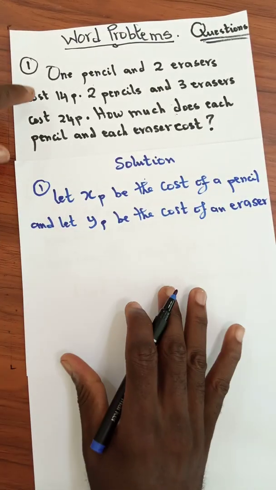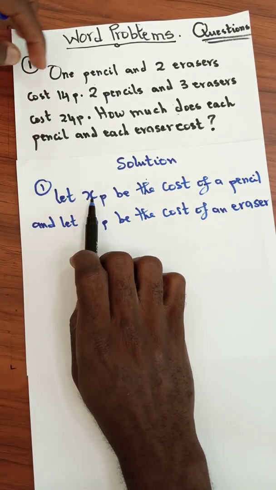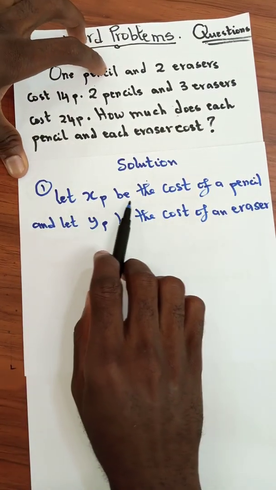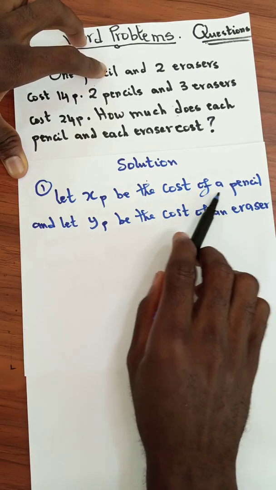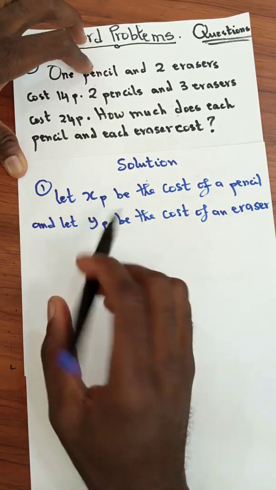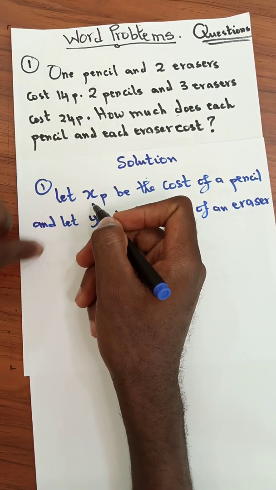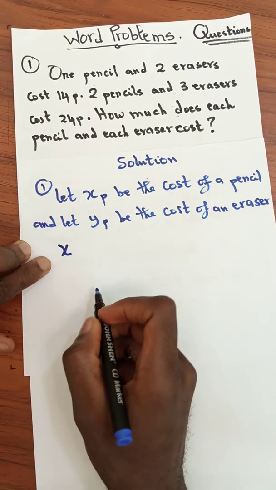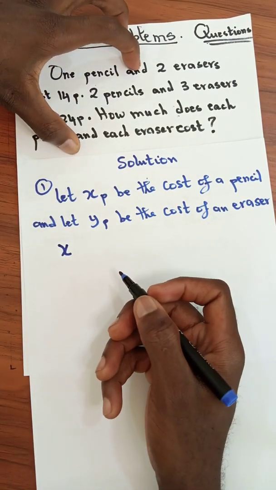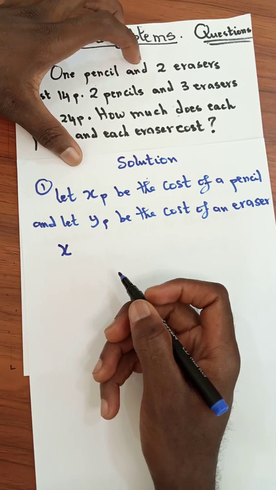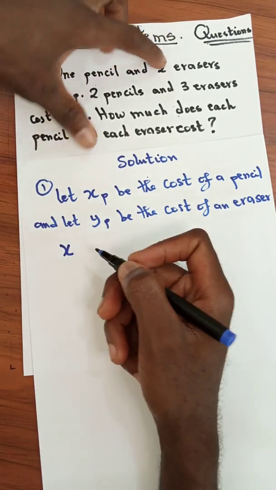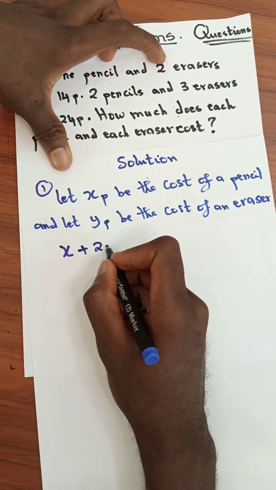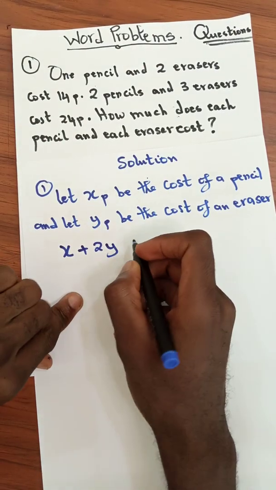Now, let's go back to the question. It said one pencil, so it means we know that x is the cost of one pencil. So one pencil, so one x. So let's analyze this. One pencil and in word problem that's plus, and two erasers, and eraser here is y, so plus two erasers, 2y.